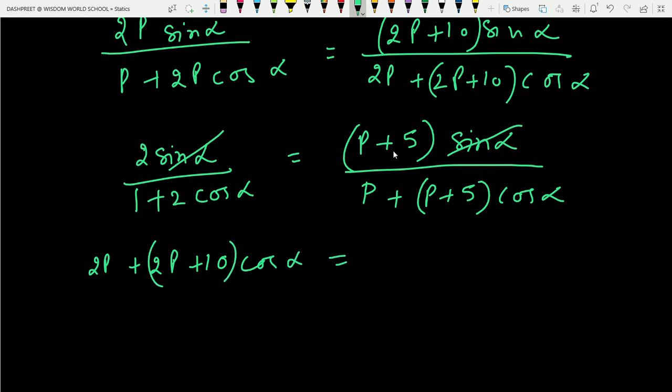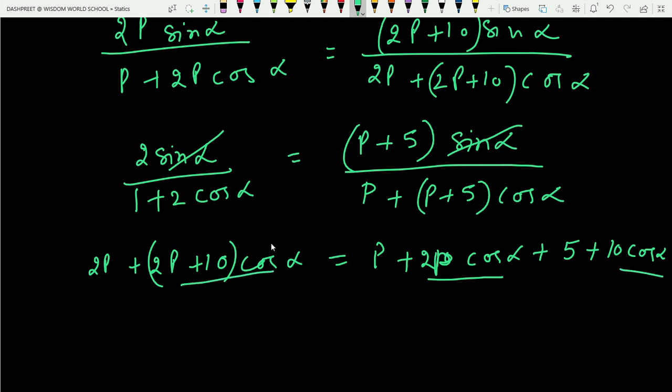और इस साइड पे इसको मल्टीप्लाई करोगे P plus 5 से, P से मल्टीप्लाई करें तो बनेगा P plus 5 into 2, 10 cos alpha, और दूसरे केस में पहले P से मल्टीप्लाई करेंगे, this becomes P plus 2P cos alpha, और जब 5 से मल्टीप्लाई करेंगे ये बनेगा 5 plus 5 into 2, 10 cos alpha। अब देखो ये टर्म 2P cos alpha और 10 cos alpha दोनों तरफ है, तो ये हम आपस में कैंसिल आउट कर सकते हैं। यहाँ से बचा 2P is equal to P plus 5, 2P minus P is P, so P is equal to 5.